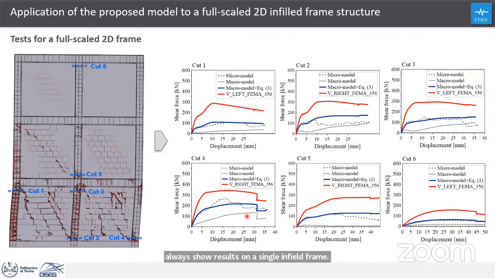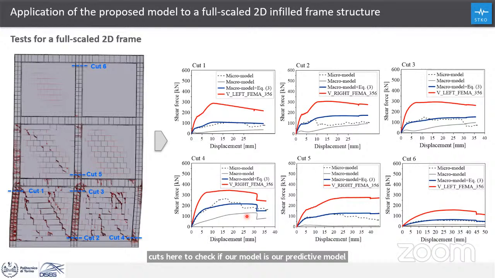But how does this work in a real structure, where the strut and the compressive stress is much more complicated? So, as you can see, we have applied some random section cuts here to check if our predictive model is good enough to estimate the local response.